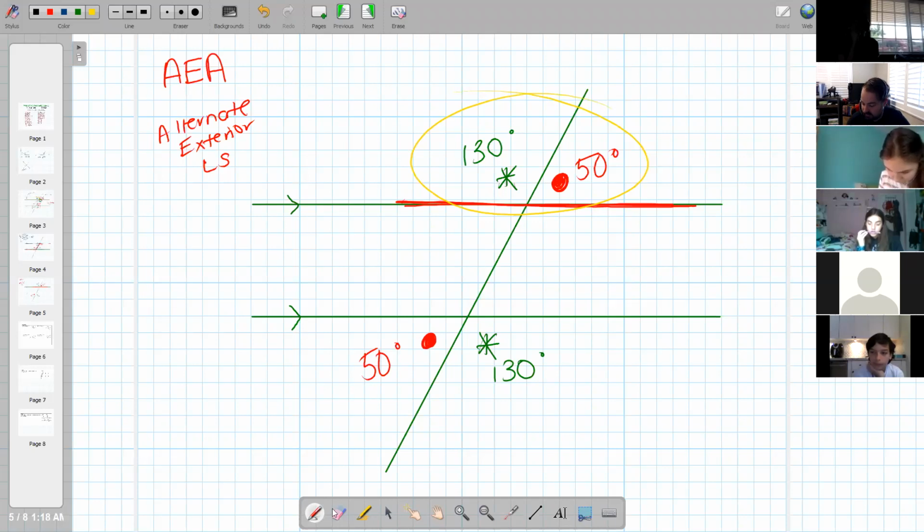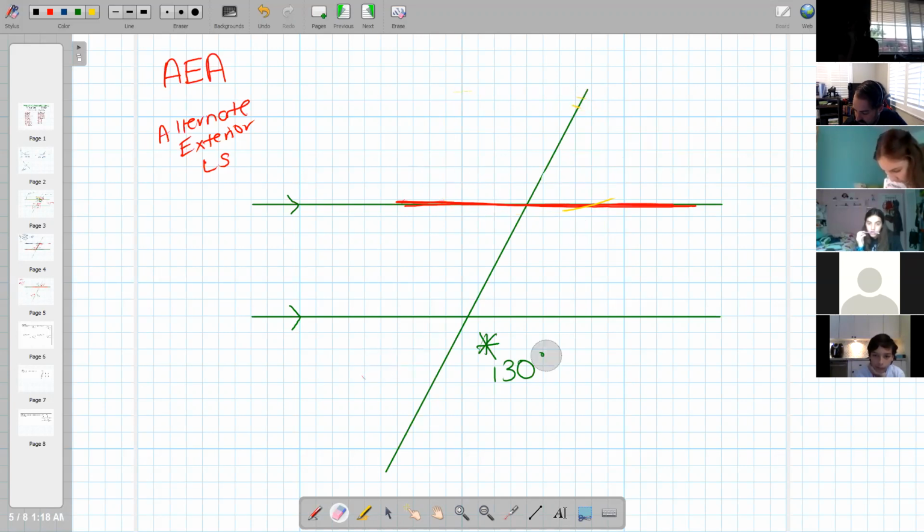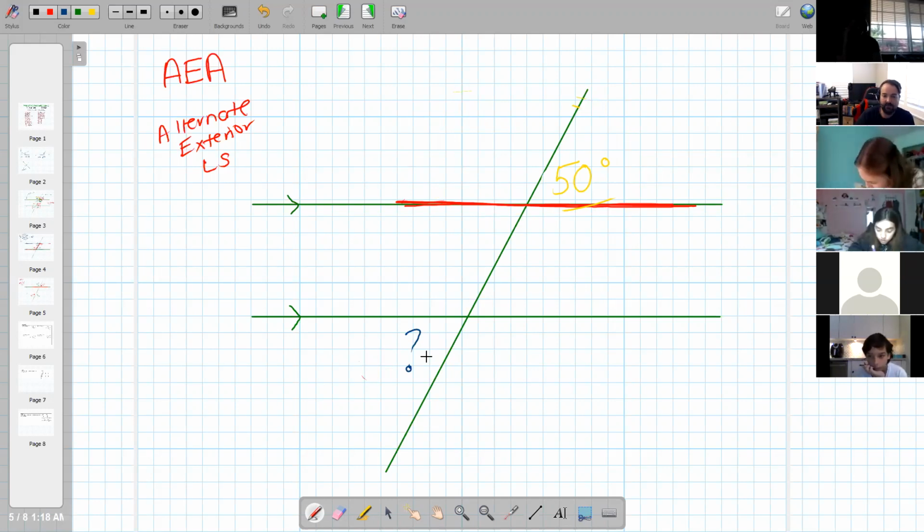So as I look at this question right here, for example, and this is going to be an interesting example. Let's see how it goes. If I were to tell you that this angle right here was 50 degrees, and I wanted to know what this was down here, we might all come to the conclusion that that's 50 degrees in a completely different way.